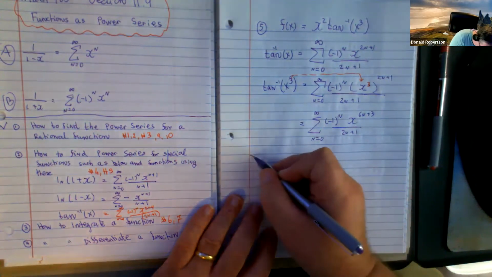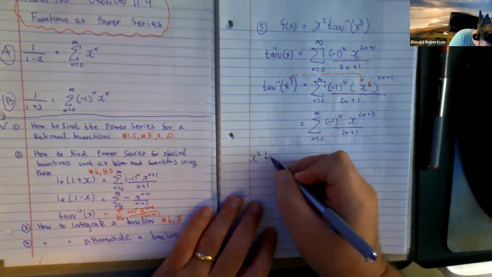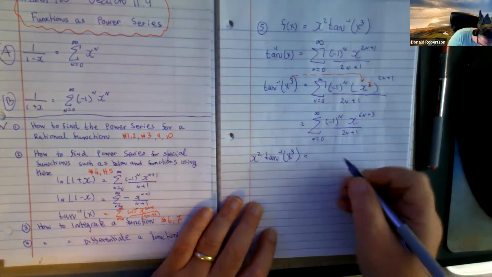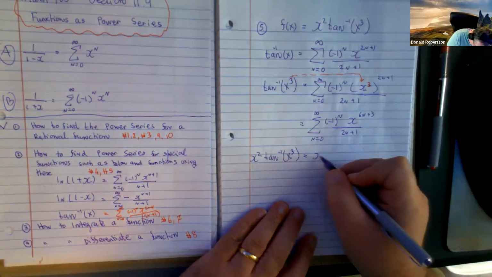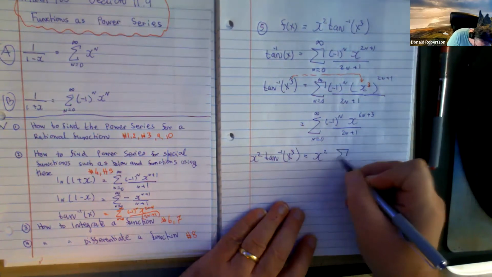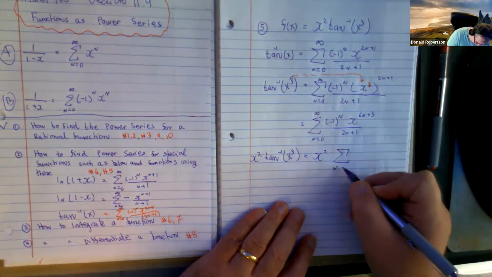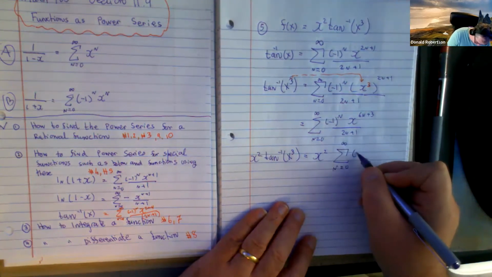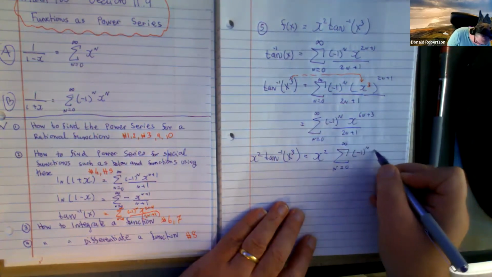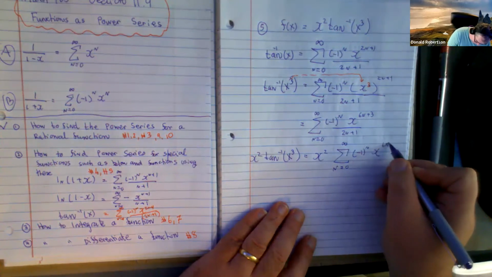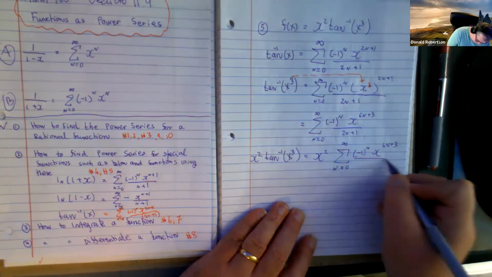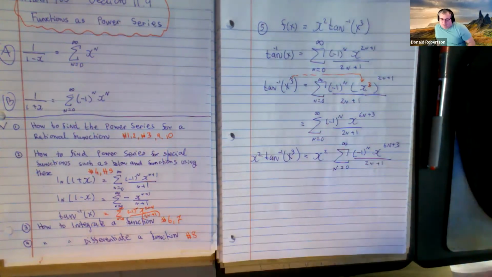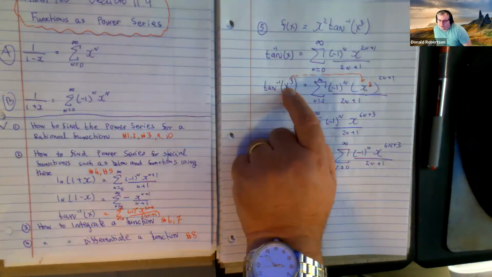But we want to know what x squared times the inverse tan of x cubed is. We want to find x squared times its power series. I know what the inverse tan of x cubed is.